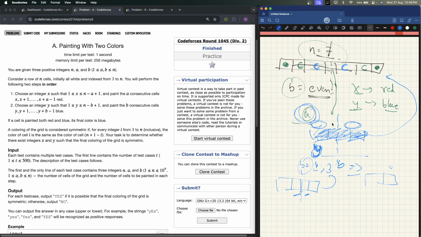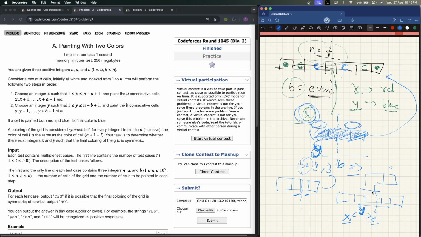Now coming to the color of the red cells. For the red cells, we choose some x. Let's say y is chosen something like this in the array, and x can start from less than y or greater than y. What do we have to choose? Let's see. For the symmetry, again it is going to be the same case.